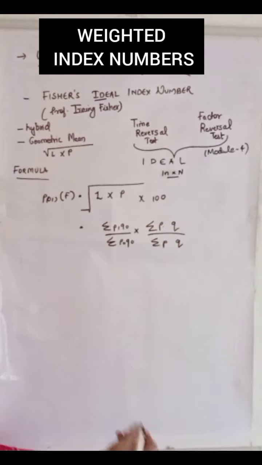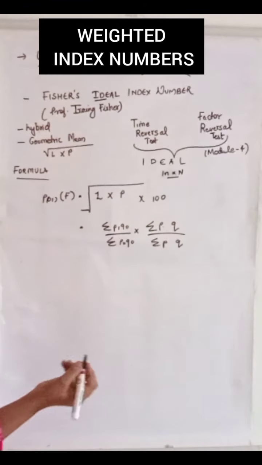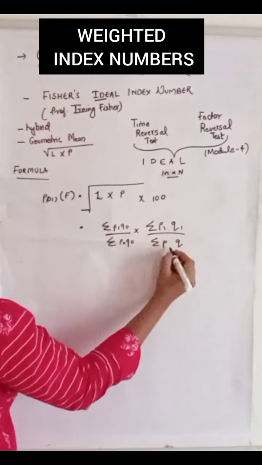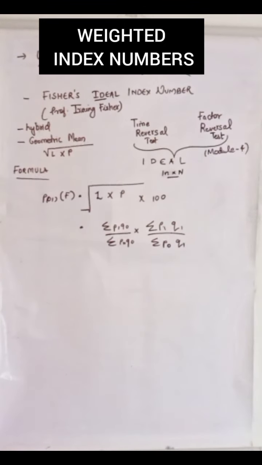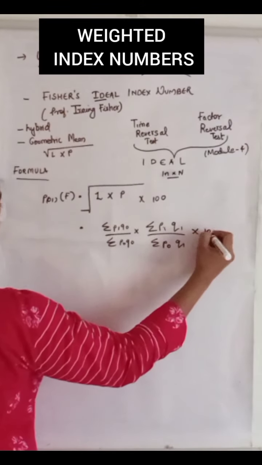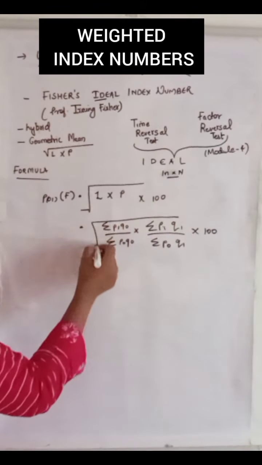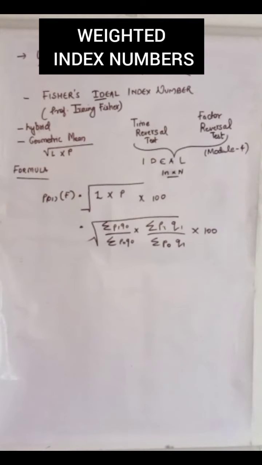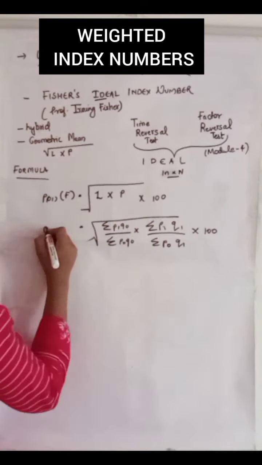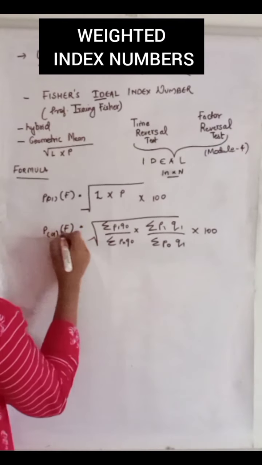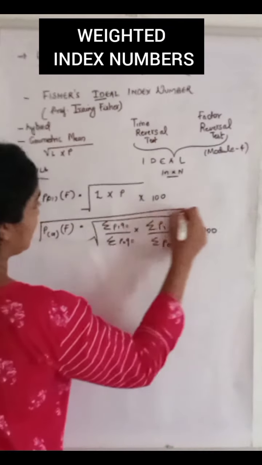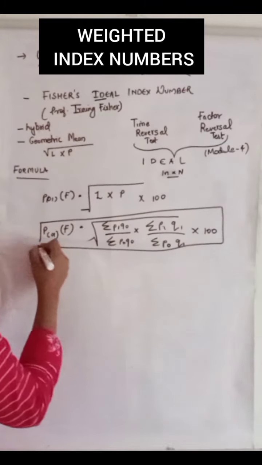What was the super trick? According to the super trick, we had 1101, which is into 100, which falls under our square root. So this is the formula for finding Fisher's method, or we can call it Fisher's ideal index number.